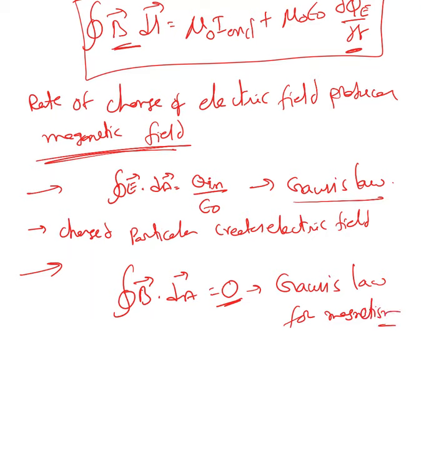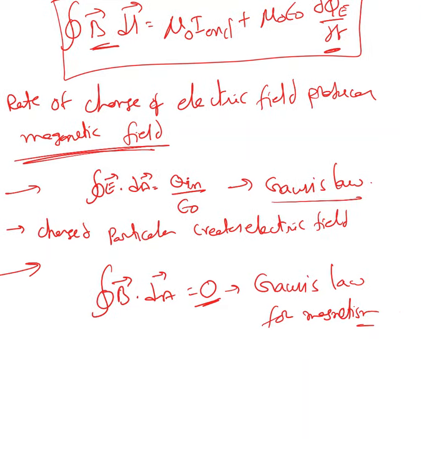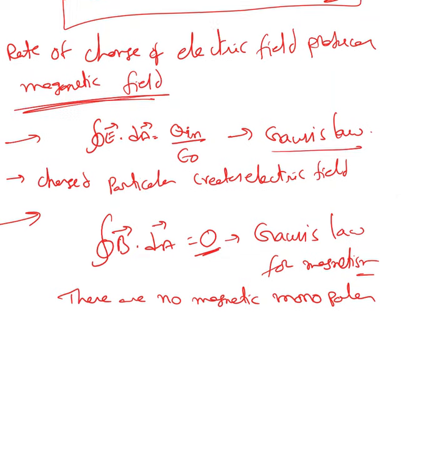So this tells us that it is impossible to have a monomagnetic pole. Okay, so at this point I'm going to rewrite this. This is Gauss's law for magnetism. There are no magnetic monopoles. That's what it tells us. This is the second law.